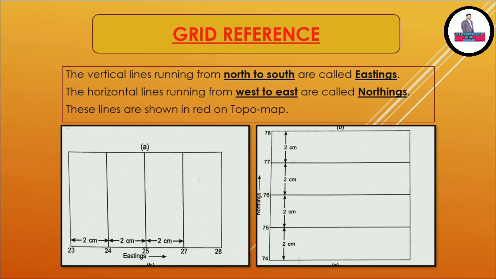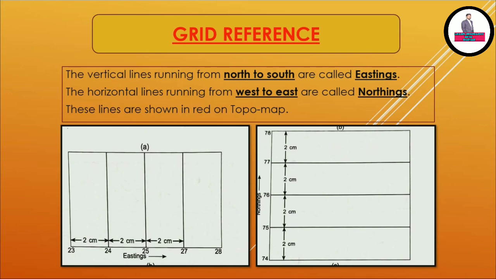On the topo sheet, these eastings and northings are drawn in red lines. So you could see the vertical lines running from north to south, they will be known as eastings. You could see the number is increasing towards the east side from the point. So that is why it is known as easting.